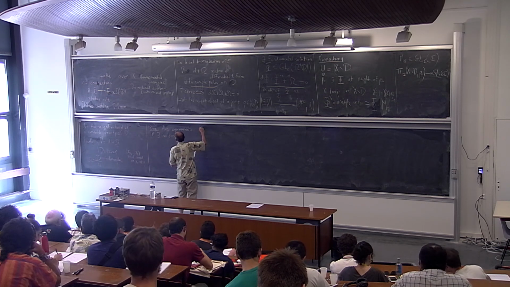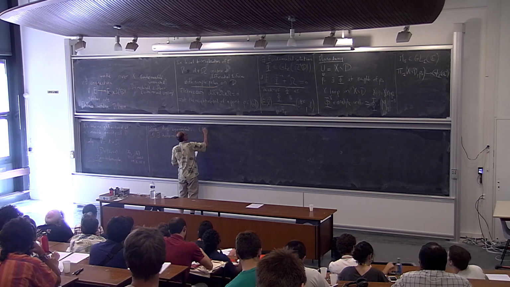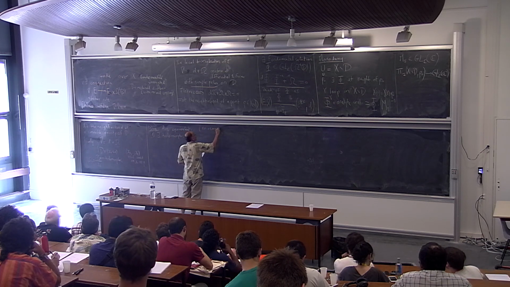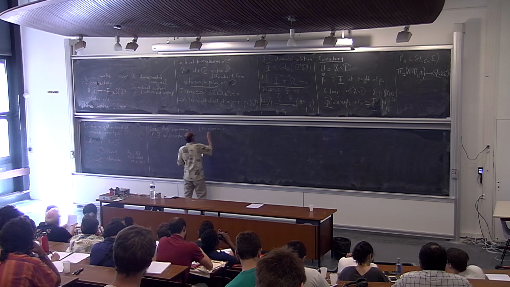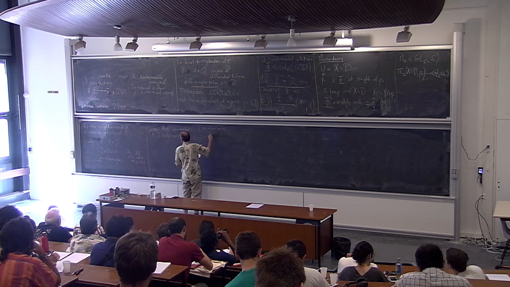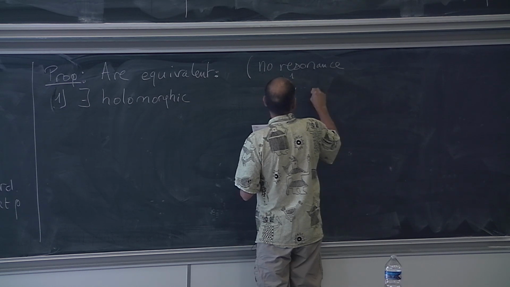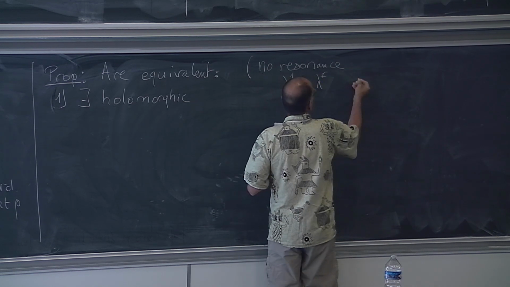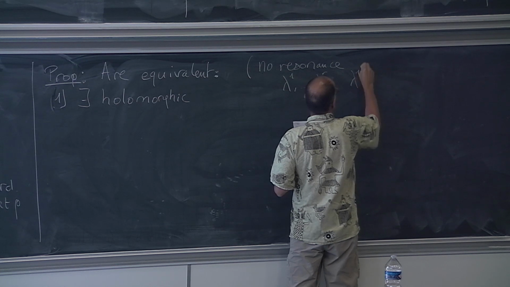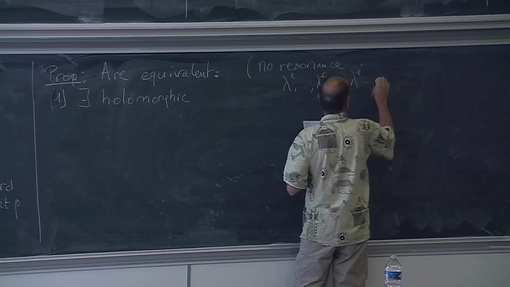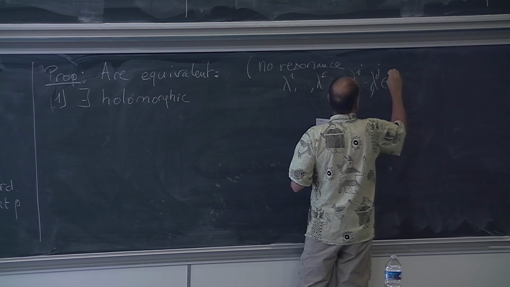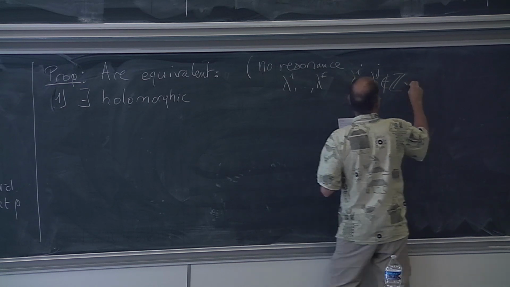So I require that there is no resonance. I think this means that the eigenvalues lambda 1, ..., lambda r are such that lambda i minus lambda j do not belong to Z minus 0.